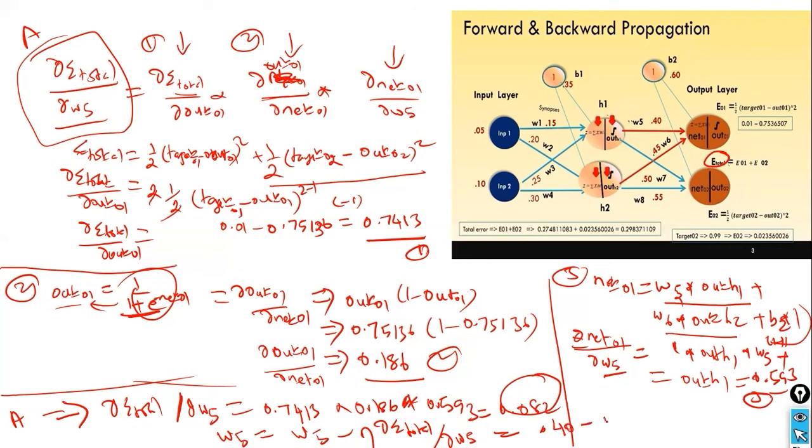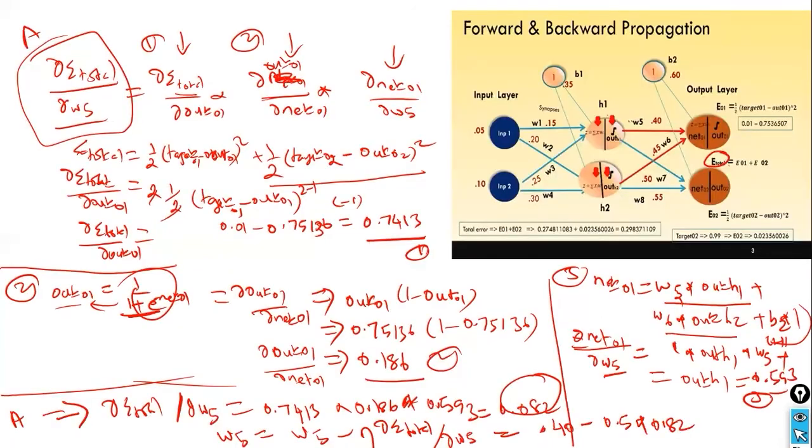In this case, I say the learning rate is 0.5. You take a small value, times 0.082. If you do the math here, you will get something like 0.35.